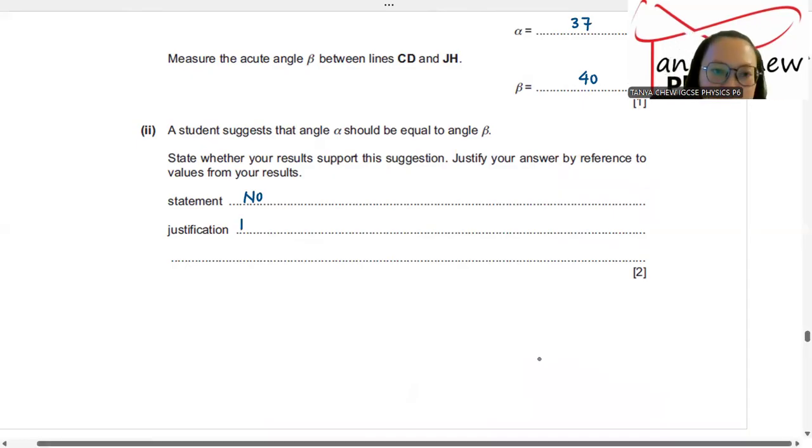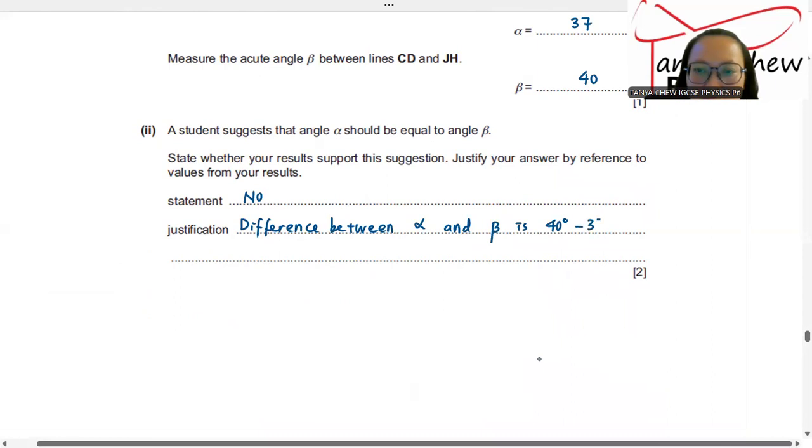I say the difference between alpha and beta is 40 degrees minus 37 degrees, which is equal to 3 degrees. But if you think that this is small, you can say that, if you want to say small, yes, you can say small.